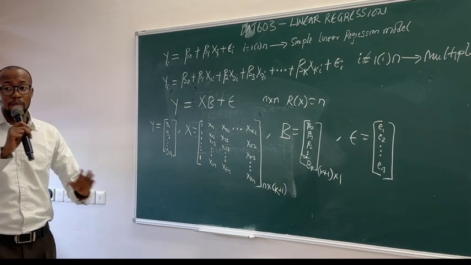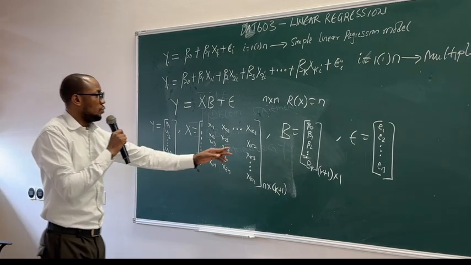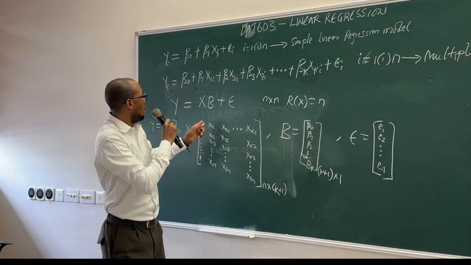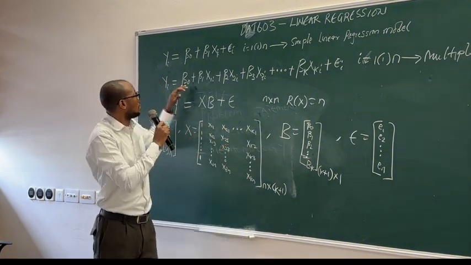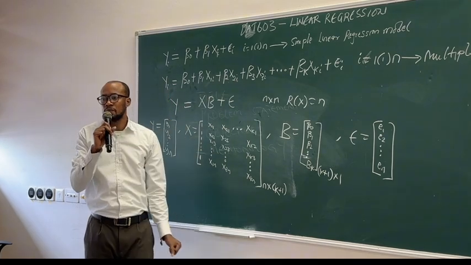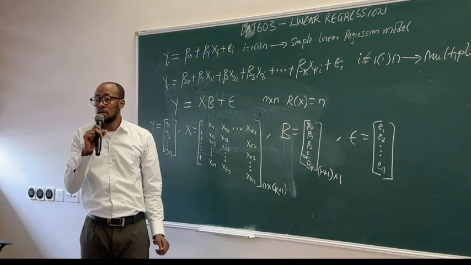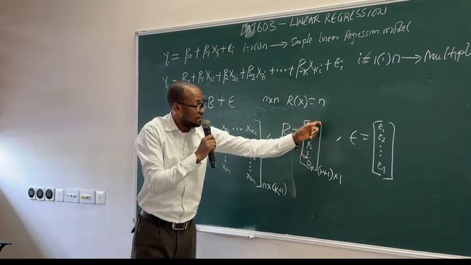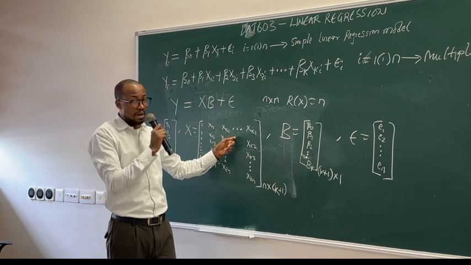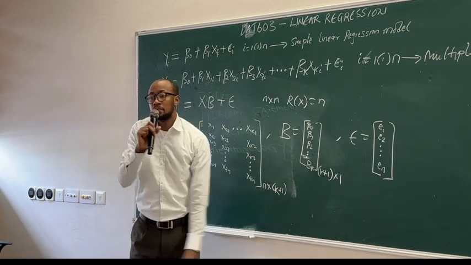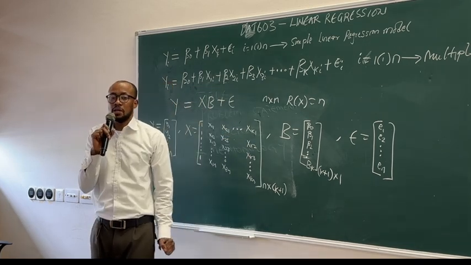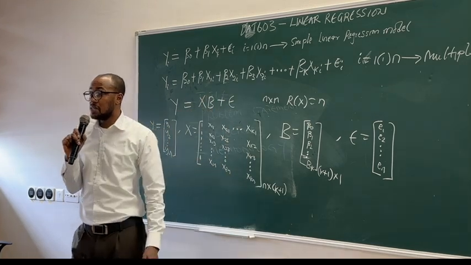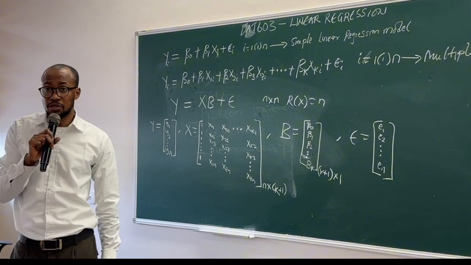Now before I take your question, if you use this vector to multiply this matrix, you're going to get this equation back. So this is a more compact way of representing linear regression.